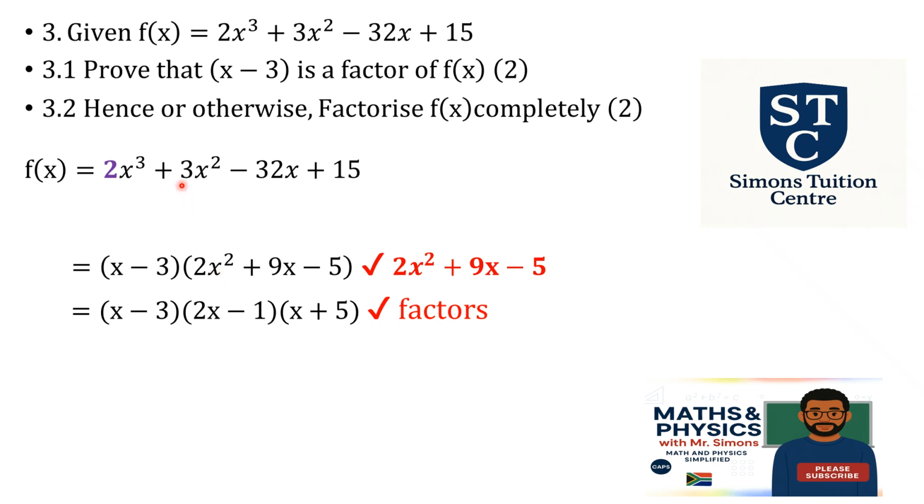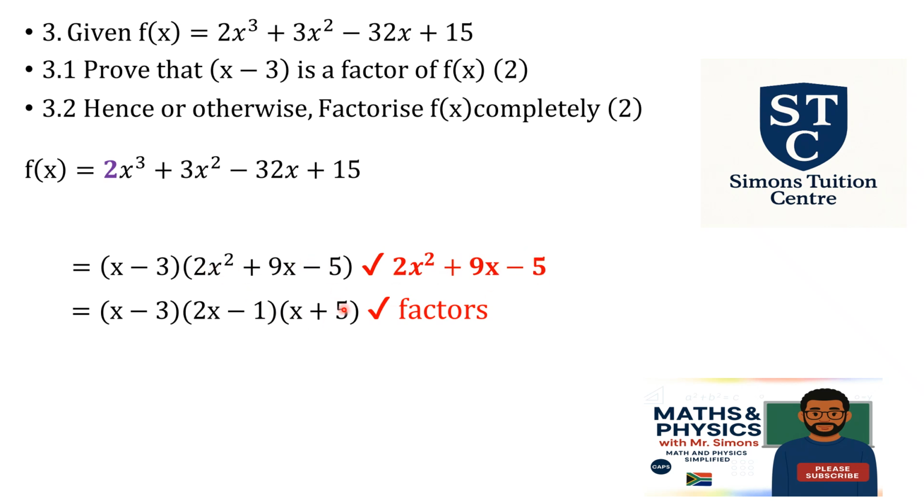Minus 6x squared gives me plus 3x squared. If you don't understand, you can use the reverse L method. And then to get 15, negative 3 times negative 5 would give me positive 15. So they are factorized. I'm left with 2x squared plus 9x minus 15.